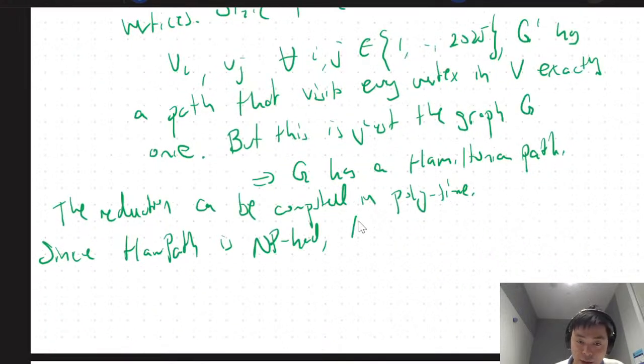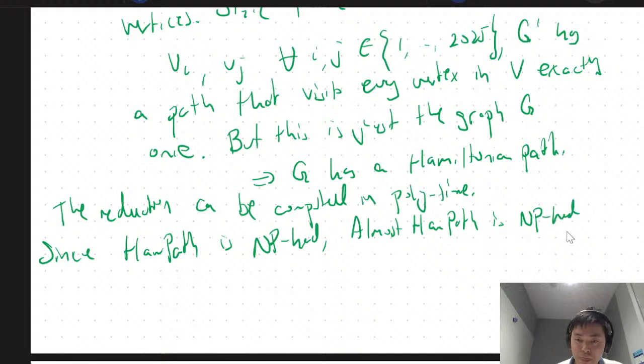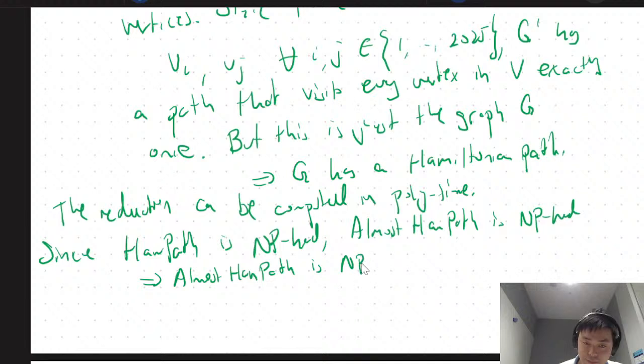This also implies that almost Hamiltonian path is also NP hard. And that implies that almost Hamiltonian path is NP complete.